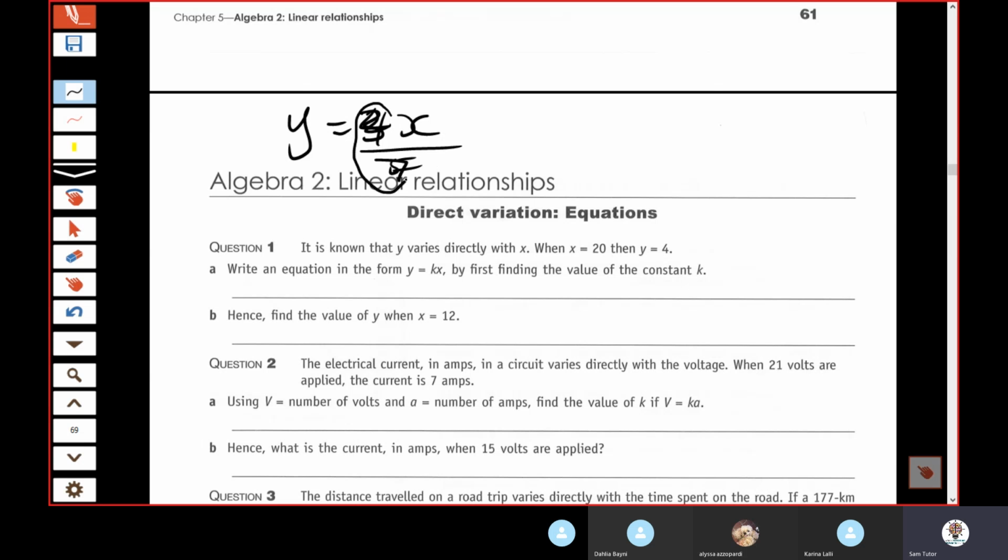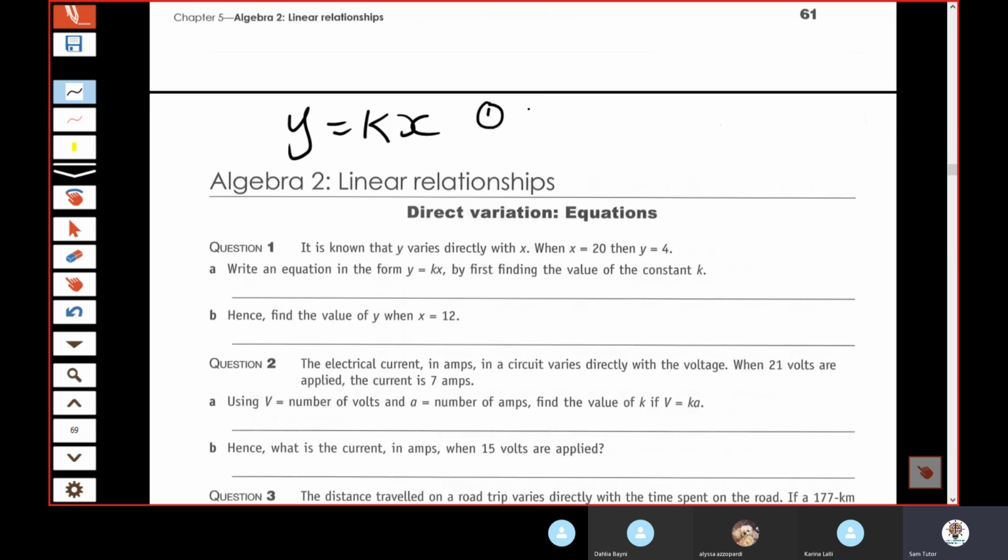We don't know the number, but we know there's a relationship between them. Because we don't know, we label that as another letter. Let's call it k. And the aim is to actually find k.